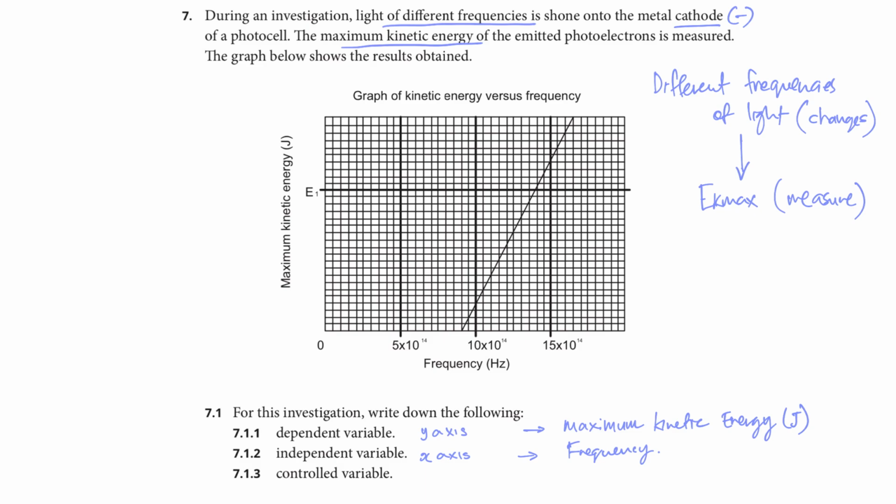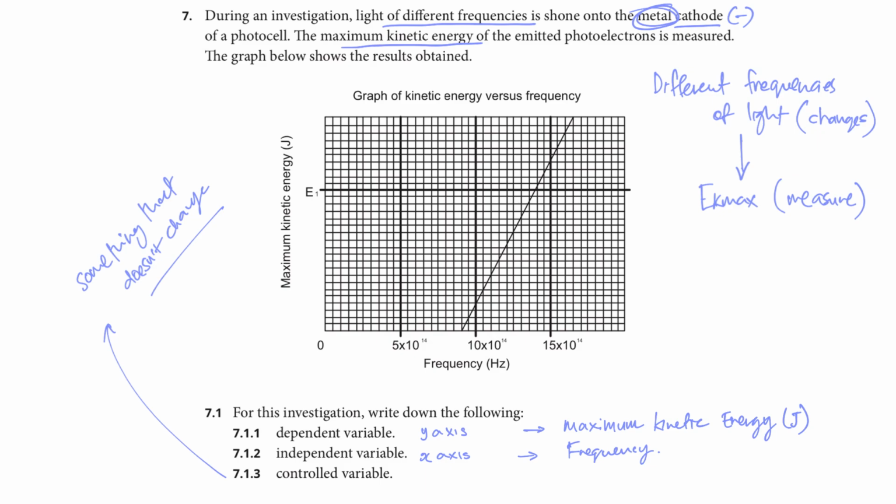When we talk about a control variable, we mean that it is something, and we've discussed this, that doesn't change, it's fixed throughout. So in this instance, the one thing that we're not changing each time, remember, it says here, different frequencies are shone onto a metal cathode of a photocell, which means that's the one thing that doesn't change.